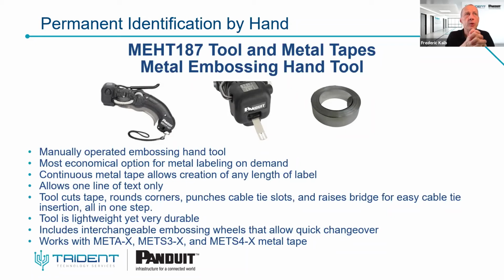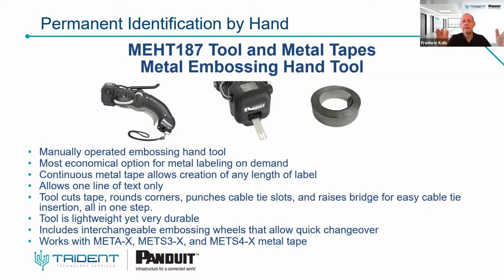We have also permanent identification by hand. You see the tool, the MEHT 187, which is a tool that you can use with metal tapes, in stainless steel as well as in aluminium. And this gives you the ability to emboss labels directly.